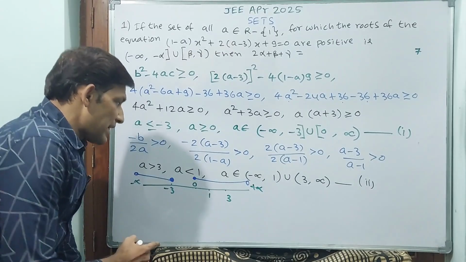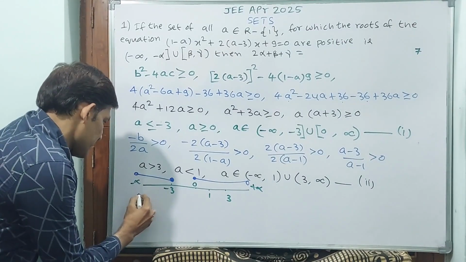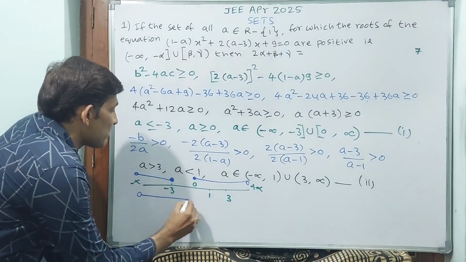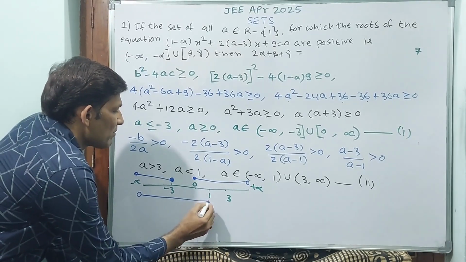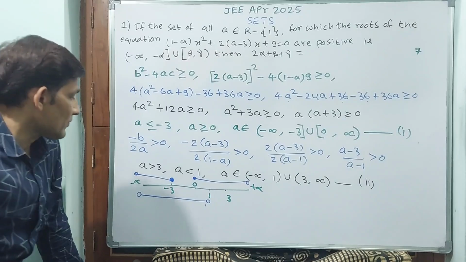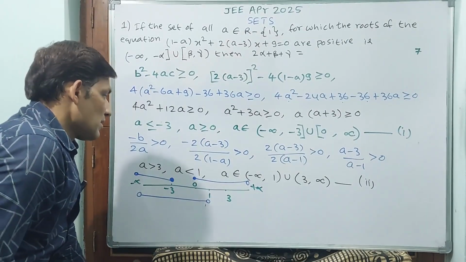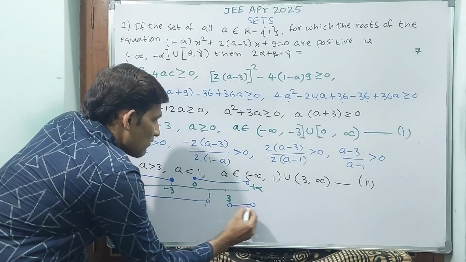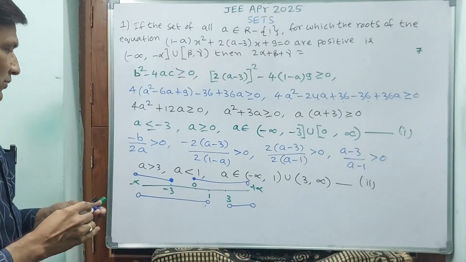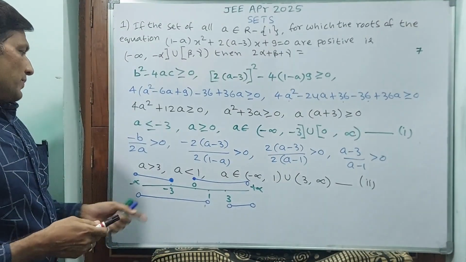Next, minus infinity to 1: minus infinity is an open bubble, but 1 is, sorry, not a closed bubble, an open bubble only. Now 3 to infinity, both are open bubbles.